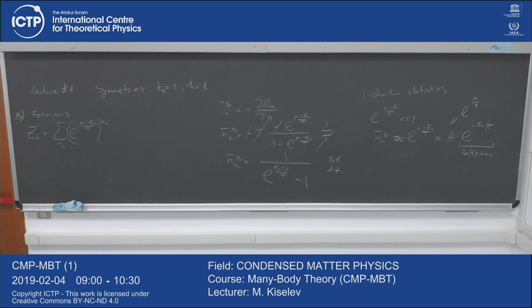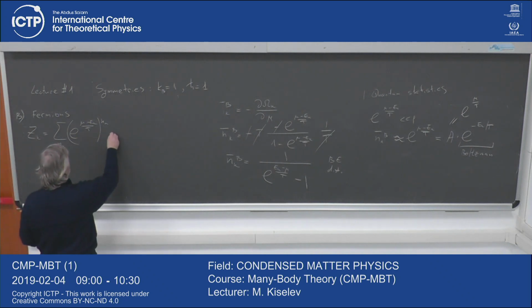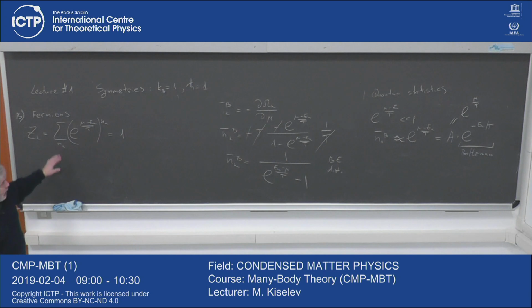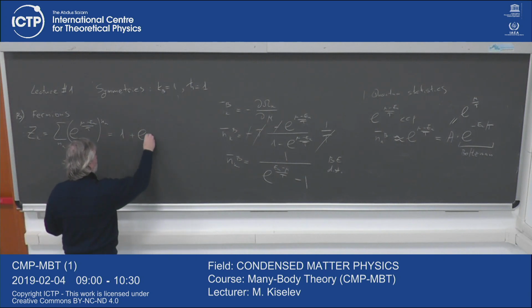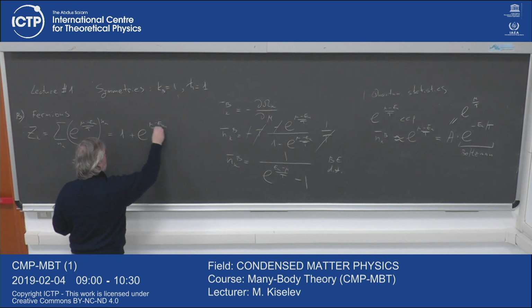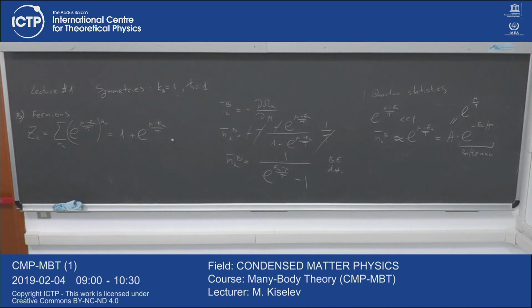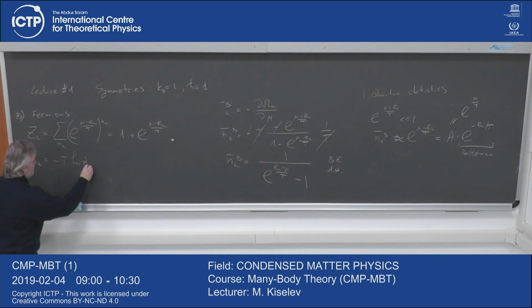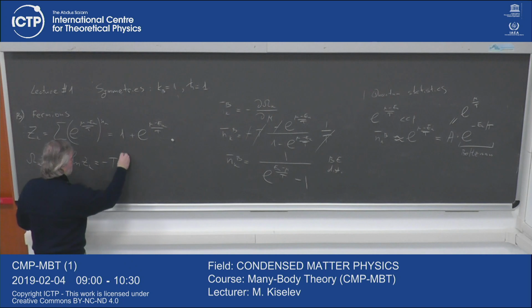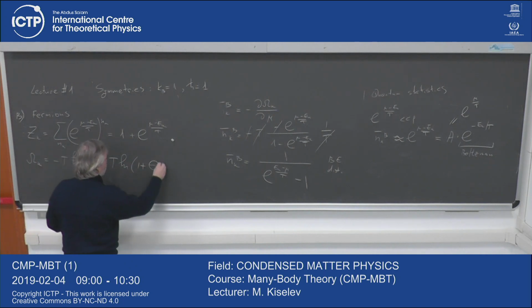However, for fermions, we have only two possibilities, n k equal to 0 and n k equal to 1. If n k is equal to 0, we have 1, and if n k is equal to 1, we have e to the power mu minus epsilon k over temperature, and that's it. We have nothing more than that. Therefore, the thermodynamic potential omega k is equal to minus T log Z k. It's equal to minus T log of 1 plus e to the power mu minus epsilon k over temperature.